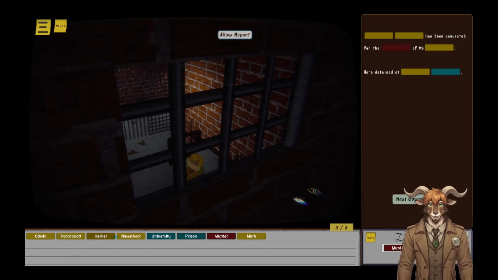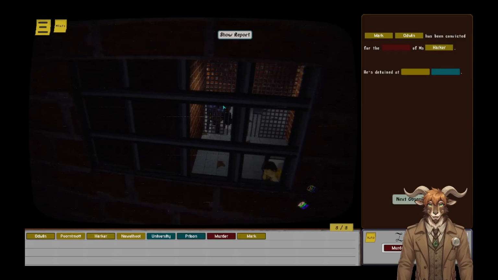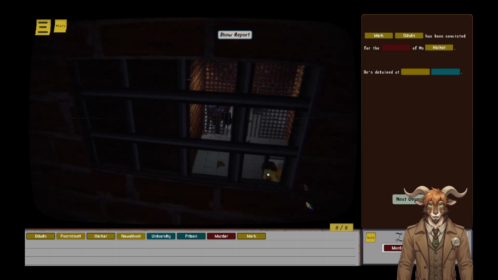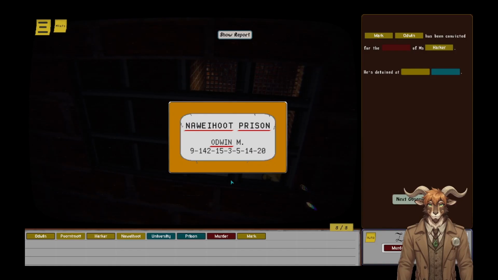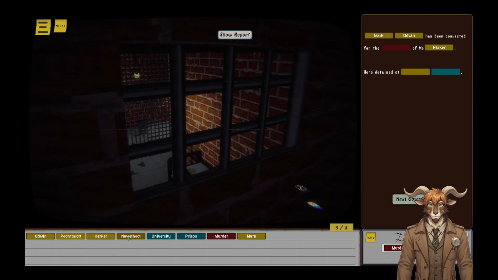So what we know is Mark Odwin, murder, Parker. So it just must be detainment, right? Because it shows here Roostman murders that person. So there's more than one murder. But he's definitely at the prison, because he's got that on his shirt.